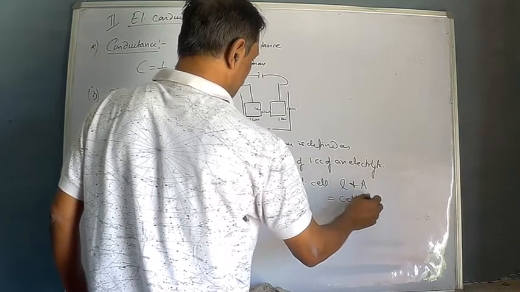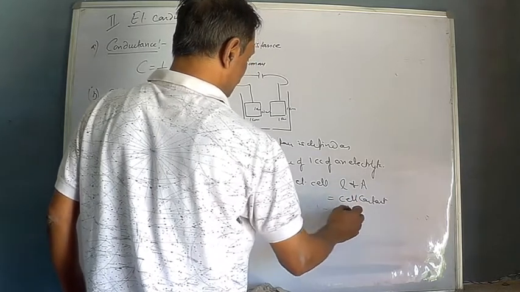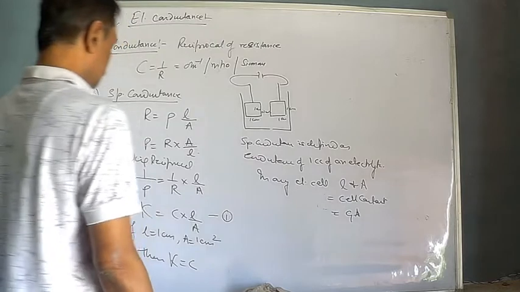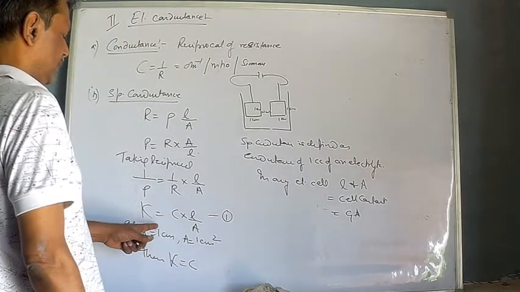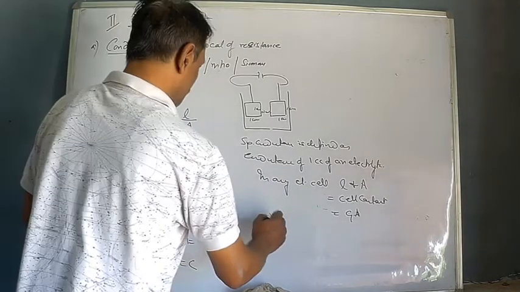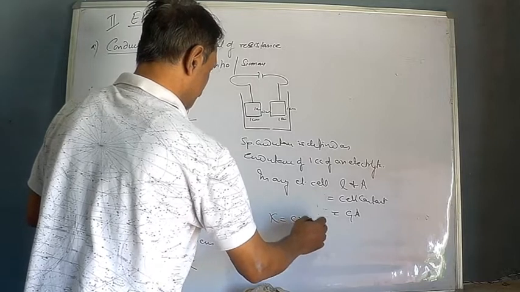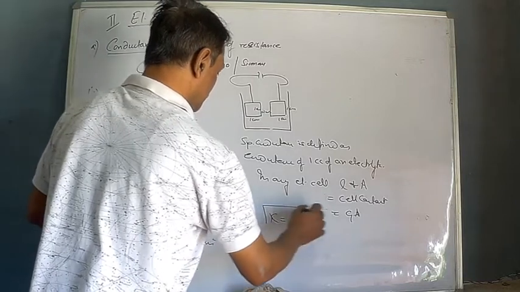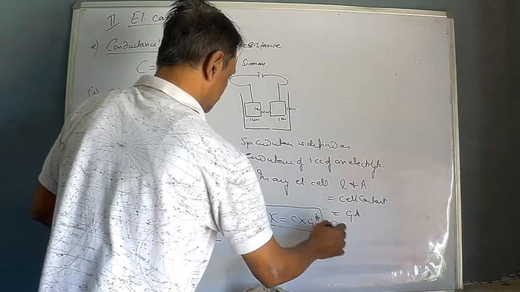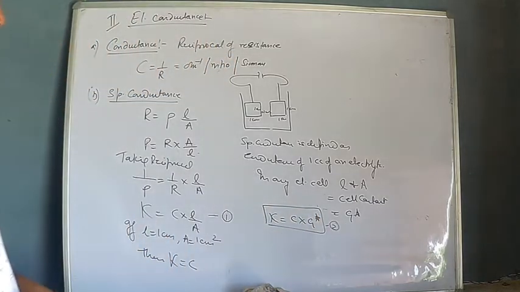Cell constant is symbolized as G star. So the next step, we can write equation number 1 as kappa equals C into G star. That becomes your expression number 2.